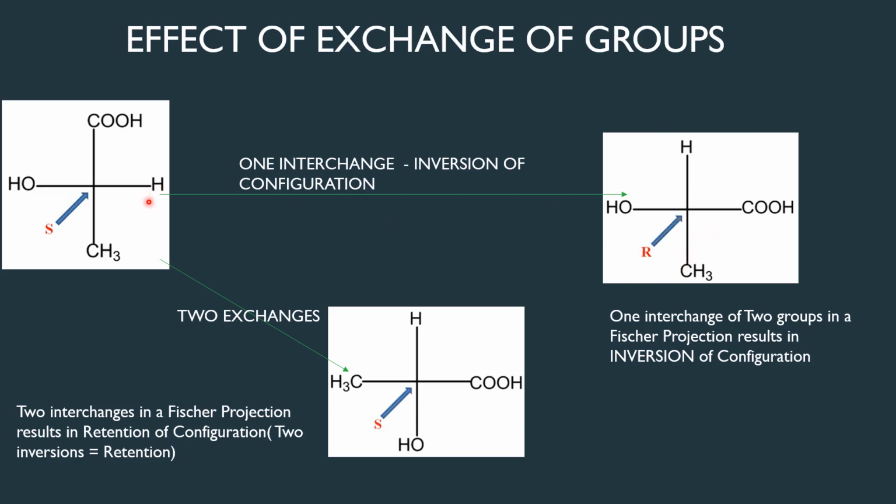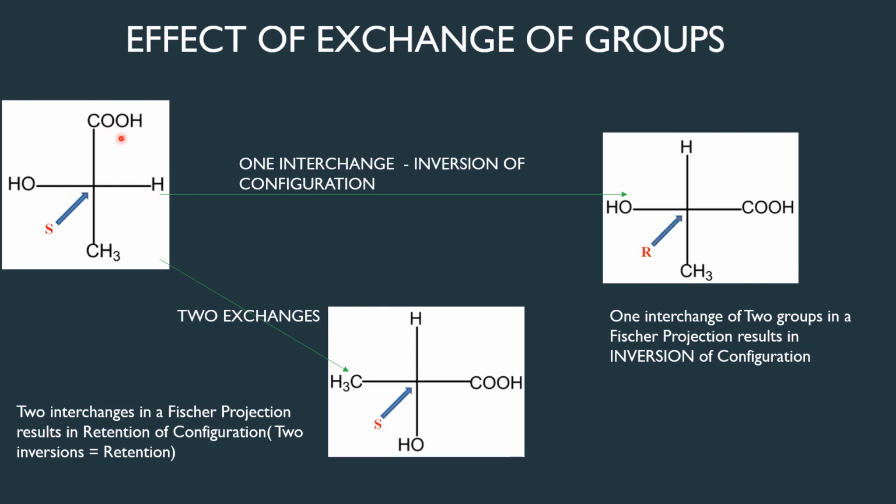Now applying the sequence rule for this structure, OH gets 1, this carboxyl gets 2, this methyl gets 3. So when you read from 1 to 3, your eyes travel clockwise. But since the lowest priority group is in the horizontal, you have to assign the S configuration for the clockwise sequence.